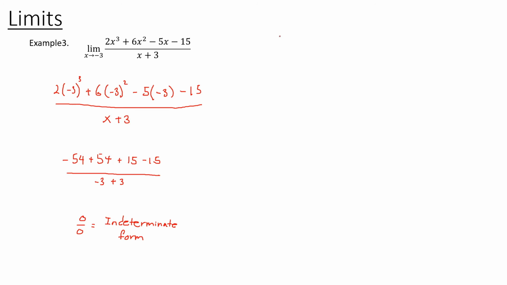If you simplify this, you'll get the limit of 2x squared minus 5 times x plus 3 over x plus 3, and x is approaching negative 3.